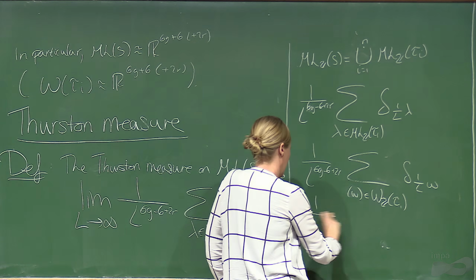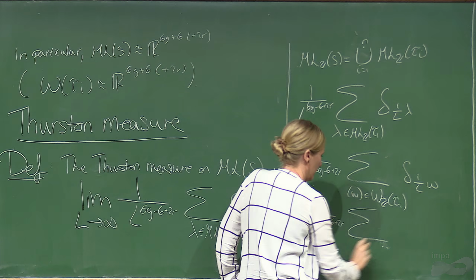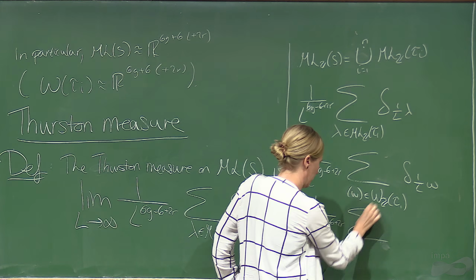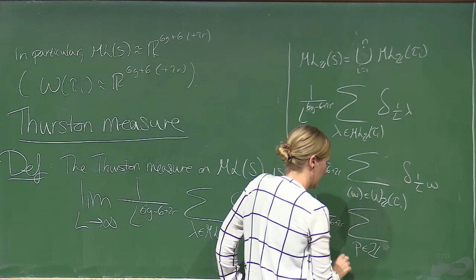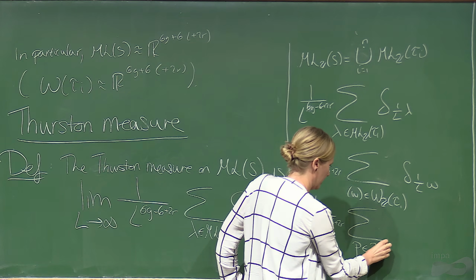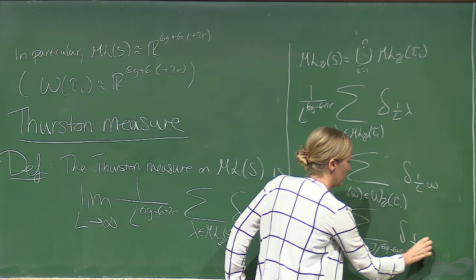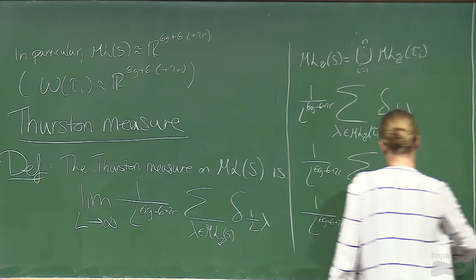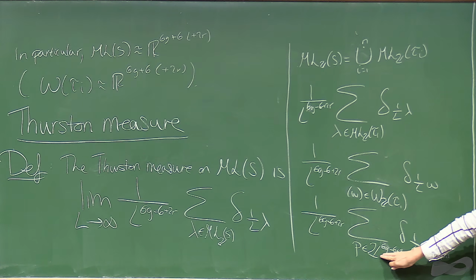But I can identify this with a positive quadrant, integer points in Z to the 6g minus 6 plus 2r, with weight 1 over L^p, where I now think of this last one as a measure on R to this power, just by that identification.